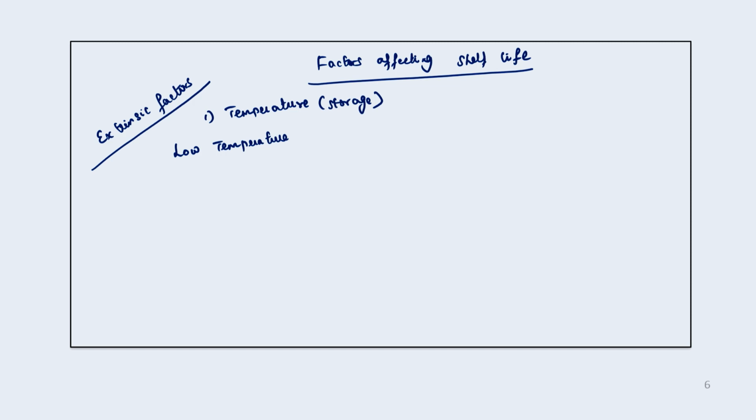However, it can reduce the microbial growth. Freezing prevents microbial growth.